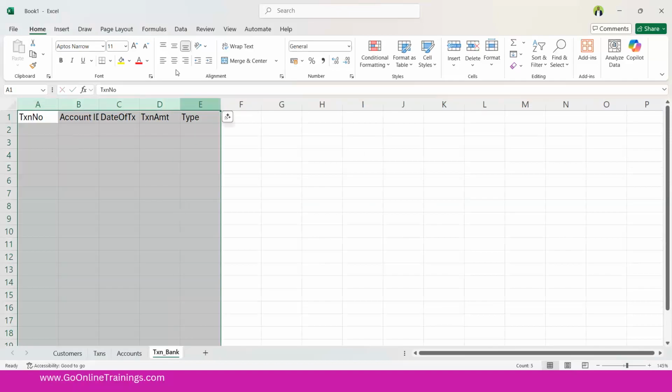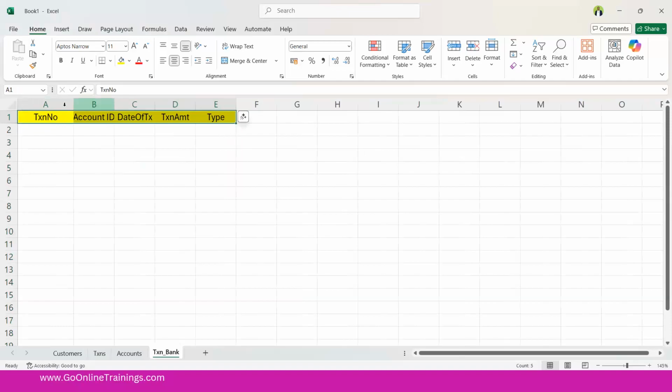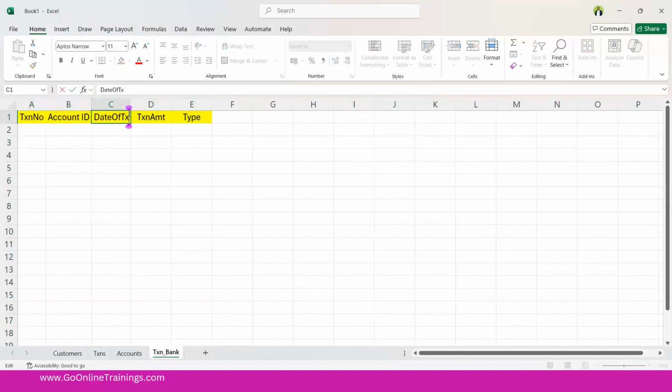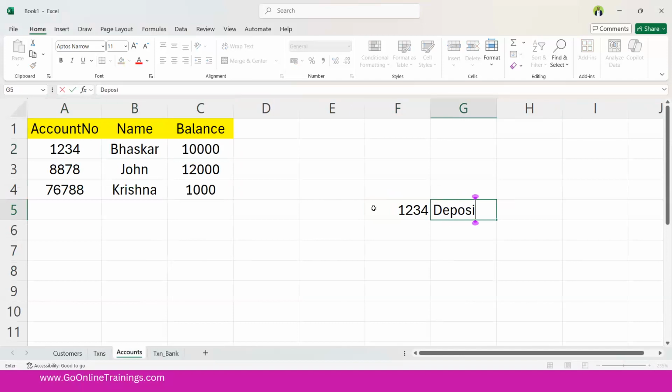This is the data I'm going to be maintaining in, let us say, a SQL table, or maybe in your Excel table. Now, let me give you what is the issue. You have two people. Bhaskar is sending, let us say, 1,000 rupees. So account number 1234 is depositing cash or transferring funds.